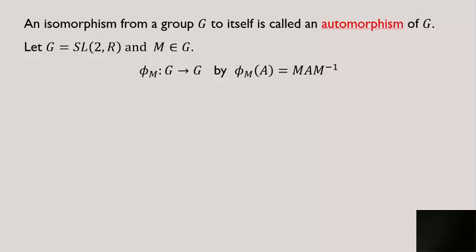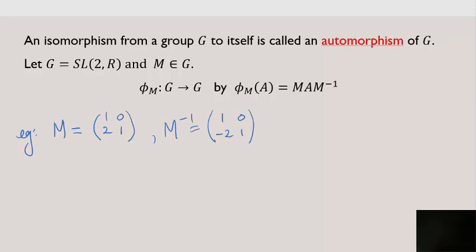So we fix M, and we define a mapping phi sub M, because it would be a different mapping if we chose a different matrix M. So phi sub M mapping G to G by phi sub M of a matrix A equals M A M inverse. We are conjugating the matrix A by M.